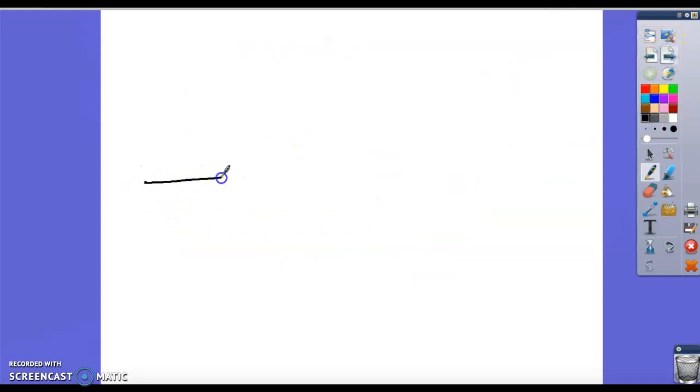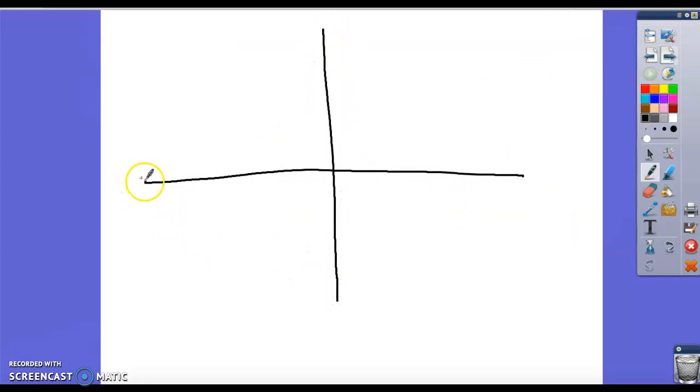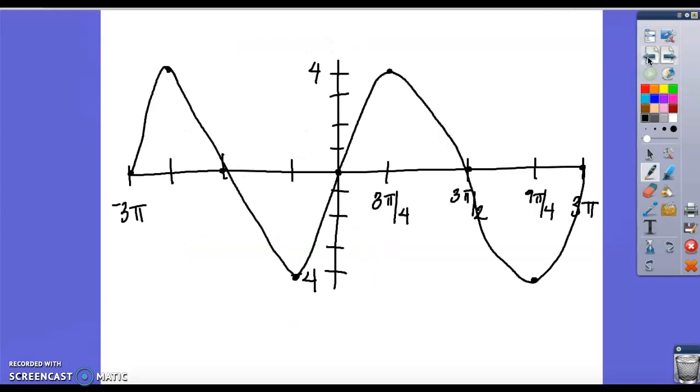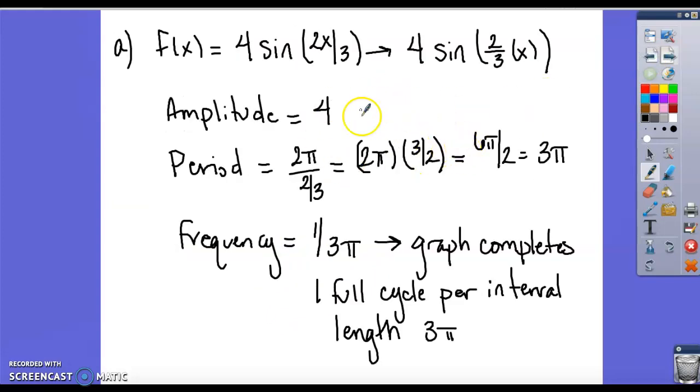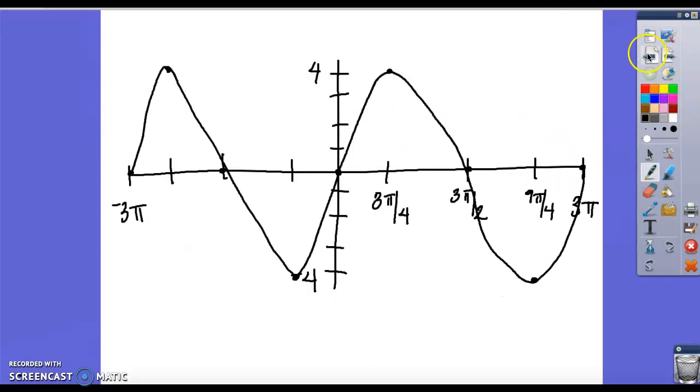So now I need to graph this same viewing window. The direction said go from -3 pi to +3 pi and 4 to -4. But here's the difference. For this graph, my period was 3 pi, which made that really easy.